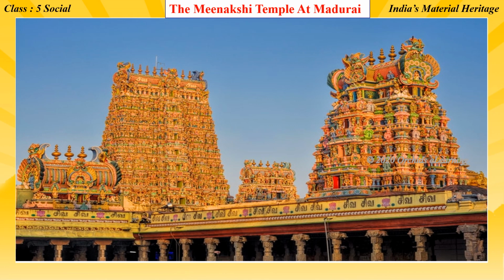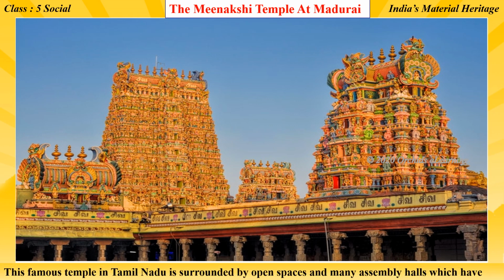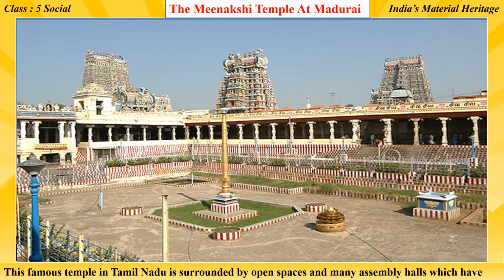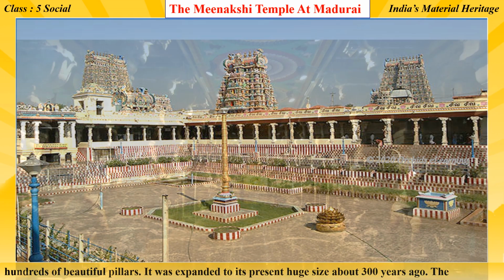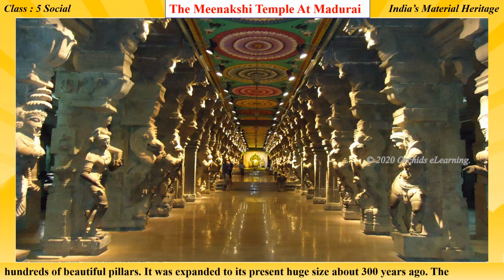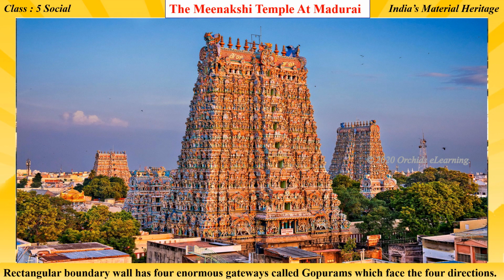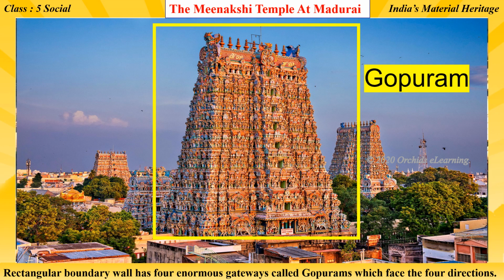Meenakshi Temple at Madurai. This famous temple in Tamil Nadu is surrounded by open spaces and many assembly halls which have hundreds of beautiful pillars. It was expanded to its present huge size about 300 years ago. The rectangular boundary wall has 4 enormous gateways, called gopurams, which face the 4 directions.